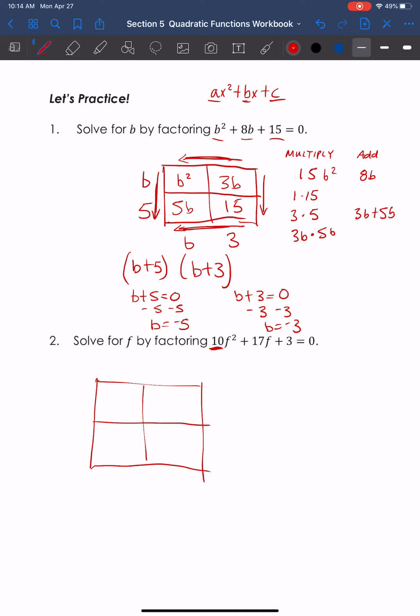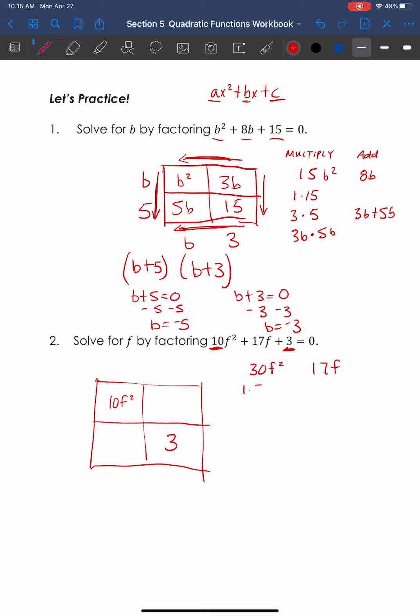Again, the first term goes in the top left box, and the constant goes in the bottom right box. We need two numbers that multiply to give us 30f squared, and add to give us 17f.